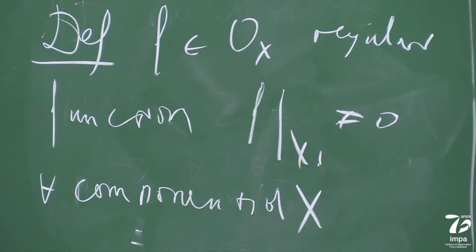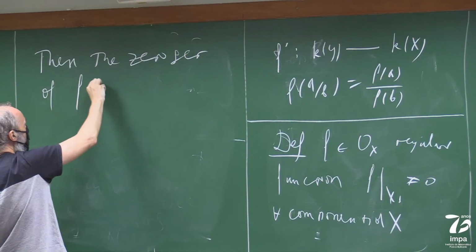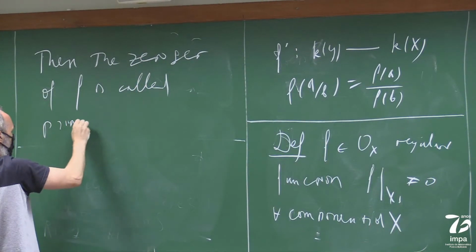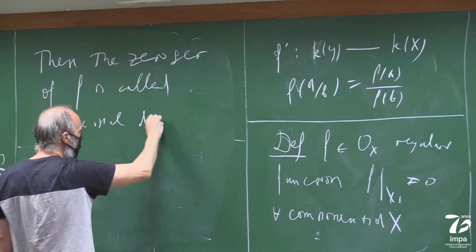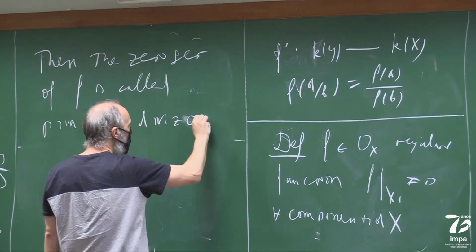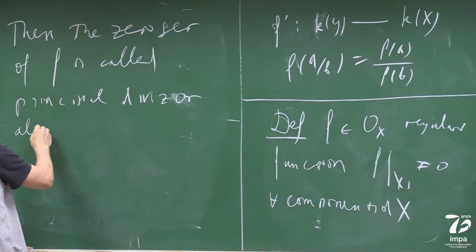Then the zero set of f is called a principal divisor, or complete intersection divisor.